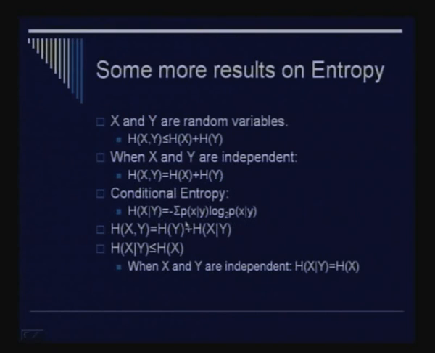So this is a way you can compute the conditional entropy. It says that H(X given Y) you can compute in this fashion. So I can try to use this to find out.